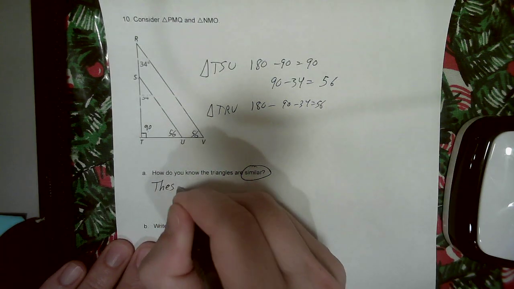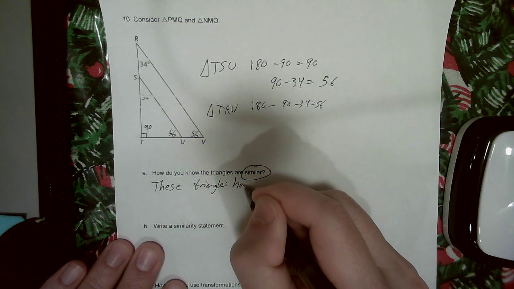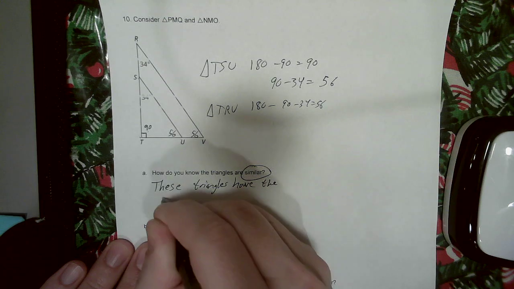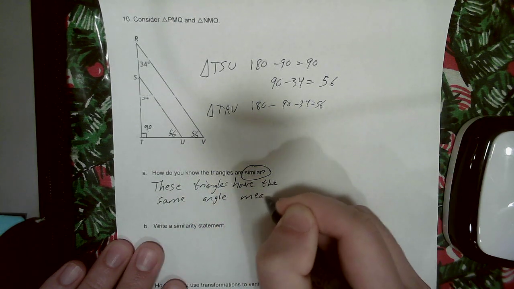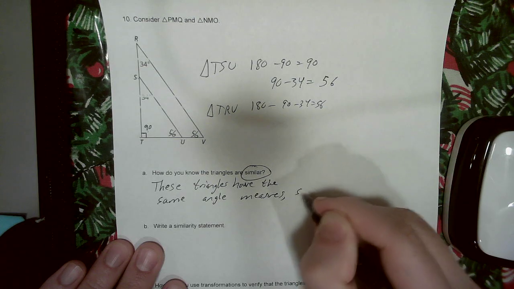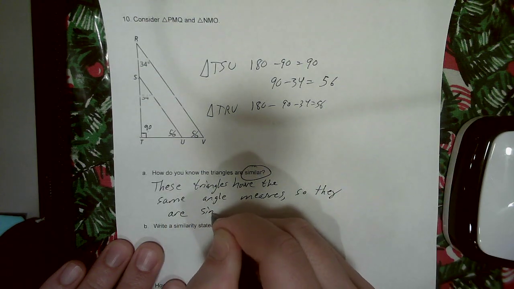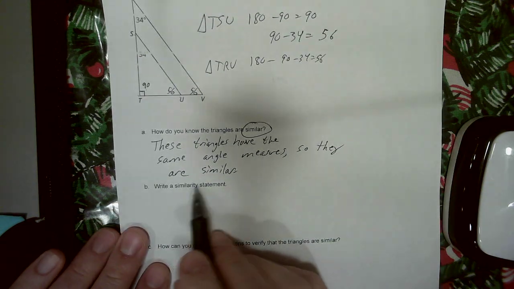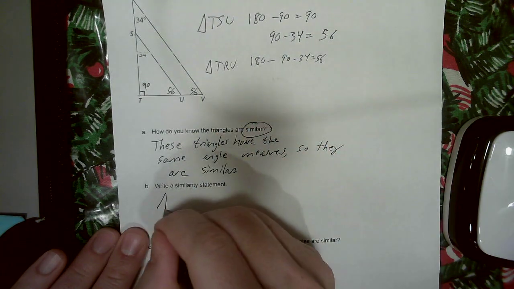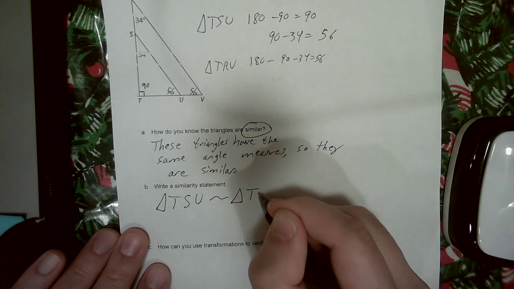So these triangles have the same angle measures, so they are similar. When we write a similarity statement, we use the triangle names. Triangle TSU is similar to triangle TRV.